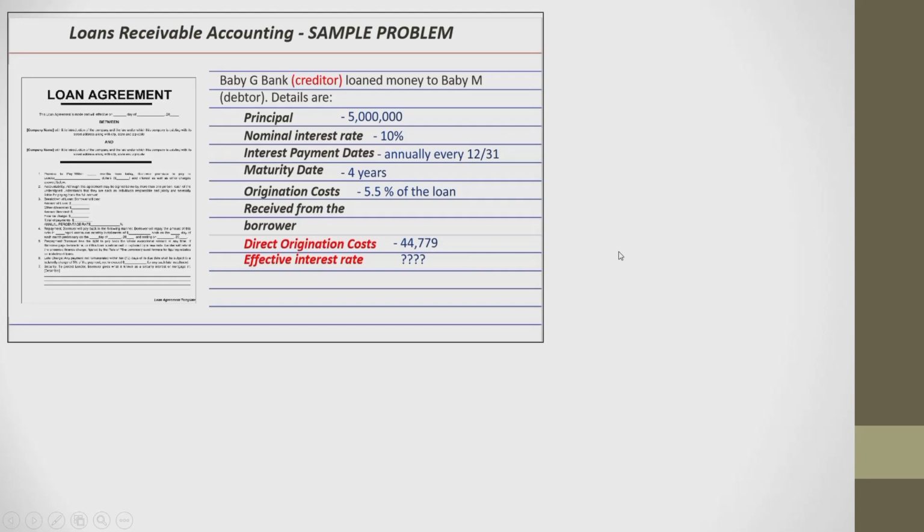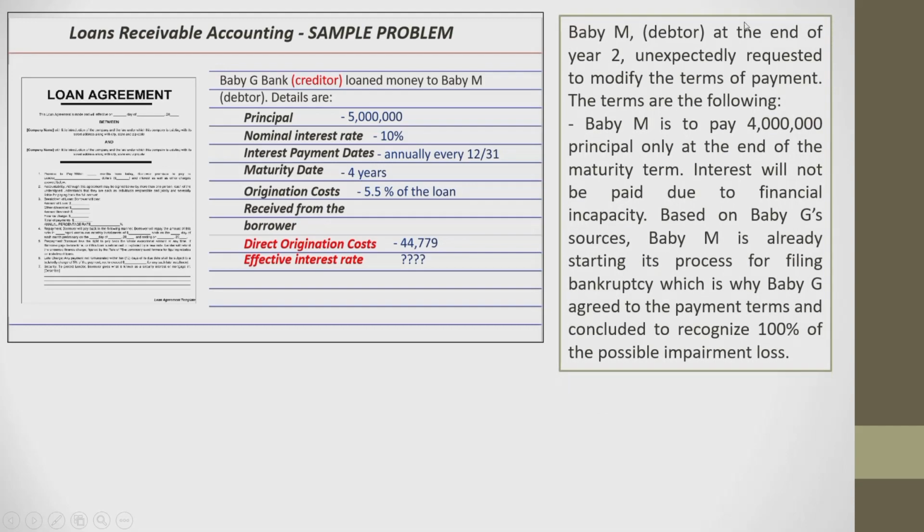Now, let's add something. BBM, the debtor, at the end of year 2, unexpectedly requested to modify the terms of payment. The terms are the following. BBM is to pay 4 million principal only at the end of the maturity term. Interest will not be paid anymore due to financial incapacity.